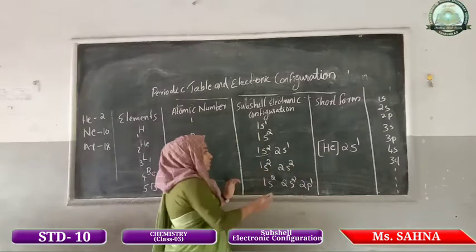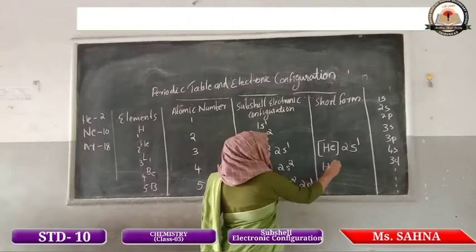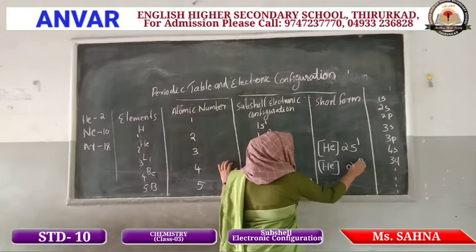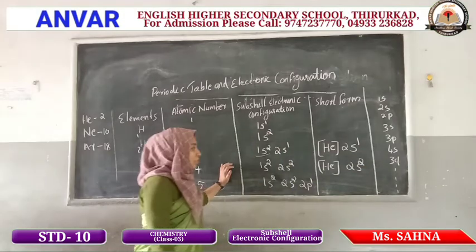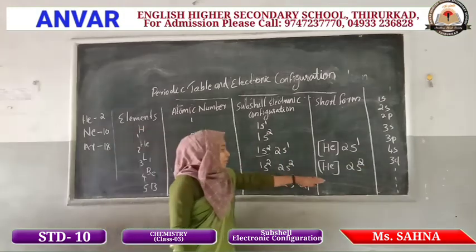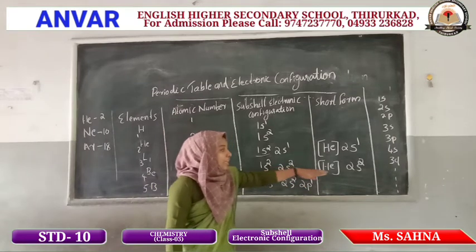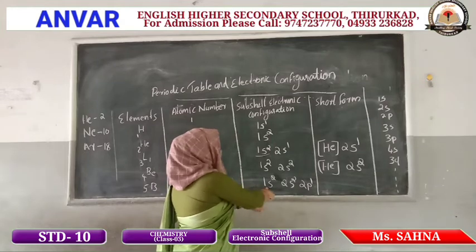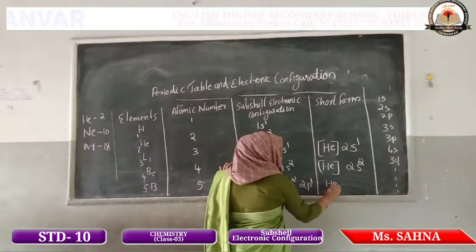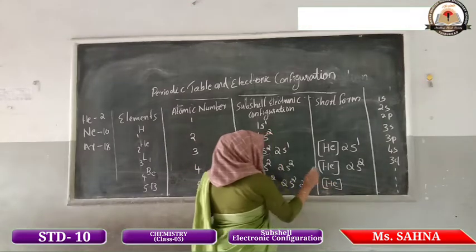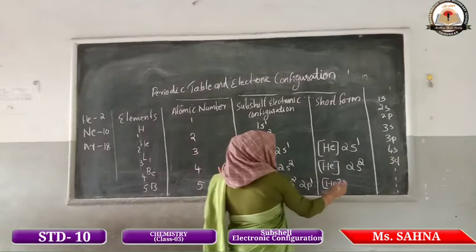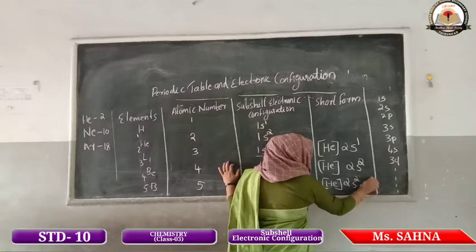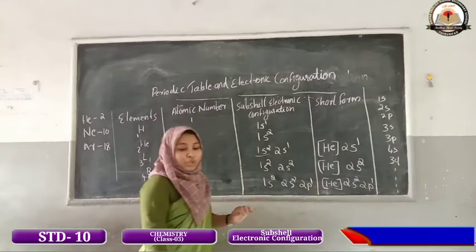Next, beryllium: helium in square bracket, 2s2. Then in the case of boron, helium, square bracket, the balance subshells 2s2, 2p1.